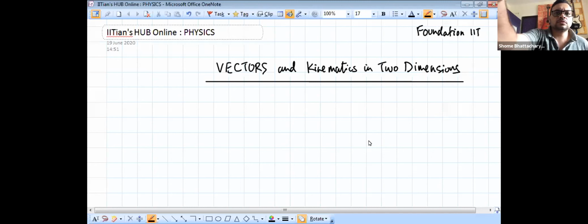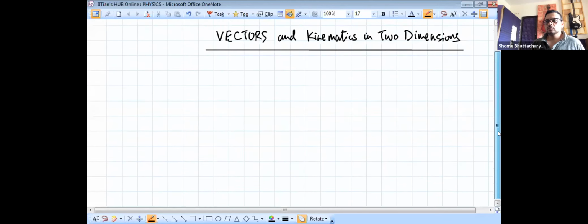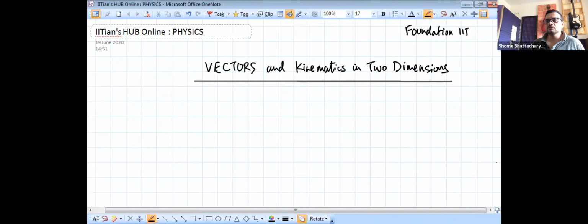Right. So last time we were discussing vector analysis, and essentially we saw how to represent a vector in component form, as well as how to resolve a vector into components once we know the magnitude of the vector and the angle that the vector is making.